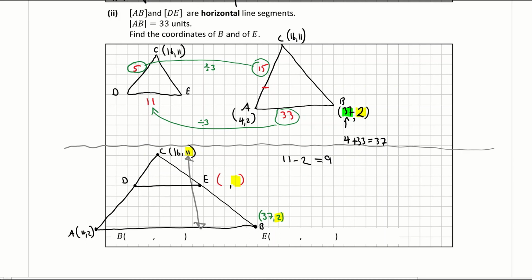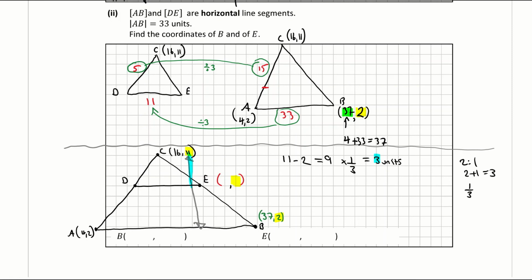Now, again, the ratio here is that it's split in the ratio 2 to 1, which gives me 2 plus 1 is 3. So the distance from E to C will be 1/3 the length of that 9 units. If I get 1/3 of 9 units, I'm getting 3 units. So all I want to do is start at C and go back 1/3 the length of that line, which is 3 units in other words.